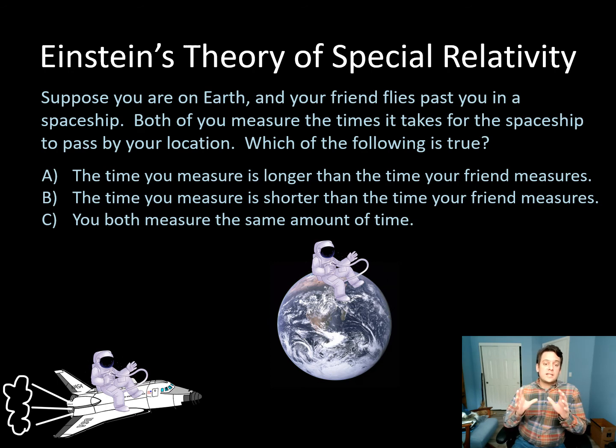Answer A is the time you measure is longer than the time your friend measures. B is the time that you measure is shorter than the time your friend measures. And C is you both measure the same amount of time. So I'll pause for my customary 30 seconds or so, let it sink in.